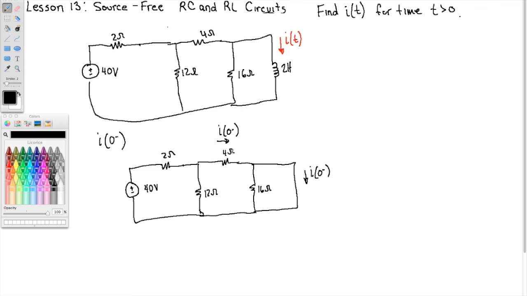So I need to find that current. Effectively, this 16 ohm resistor is not there. It has no effect because it's shorted out. Notice the 12 and the 4 ohm resistors are in parallel. They are both connected to this node and this node.